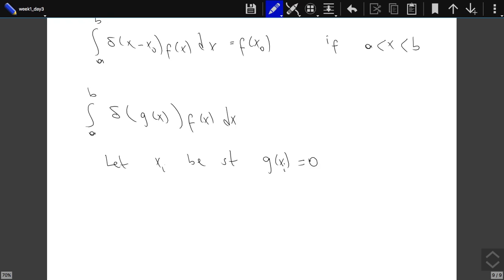You can have many points that will make that function g equal to 0. In that case, Dirac delta of g of x will be equal to, well, we will only receive contributions from the point x is equal to xi. Well, this will be trivial. It will be quite nice. There is a slight complication, though, divided by g prime at xi.